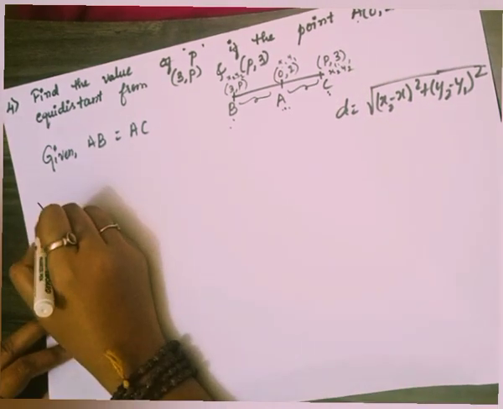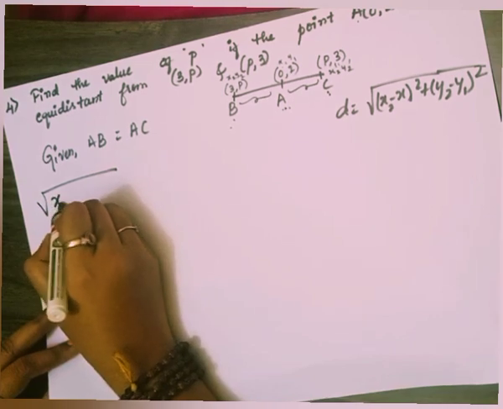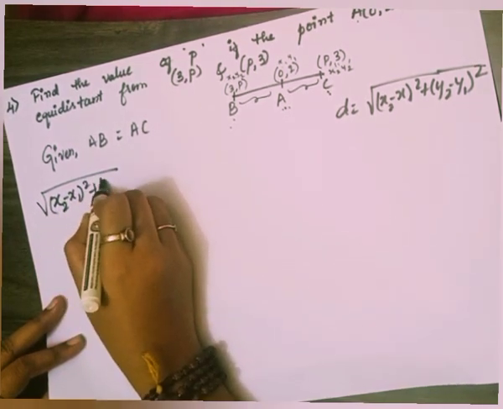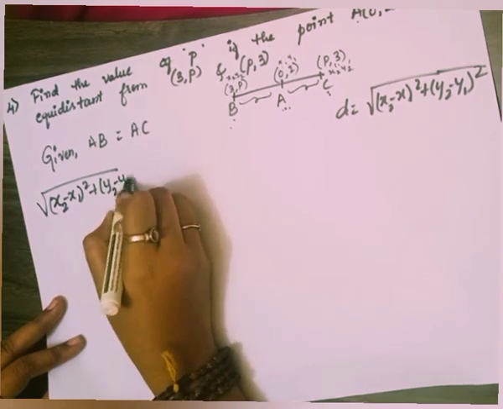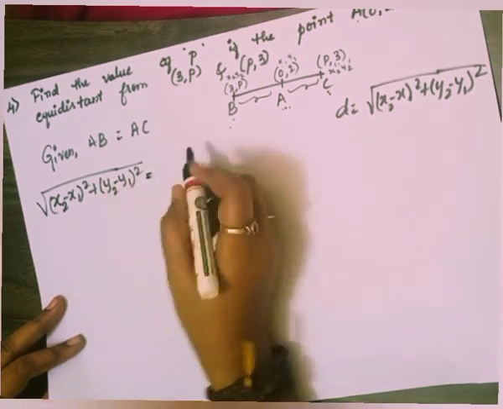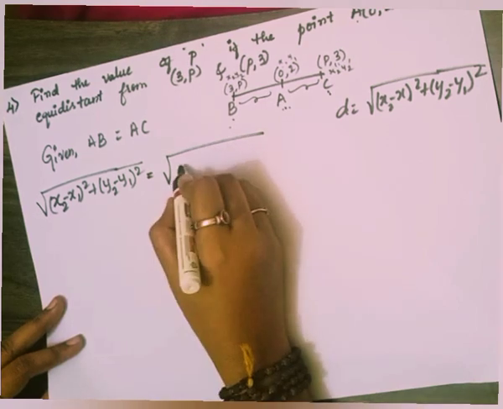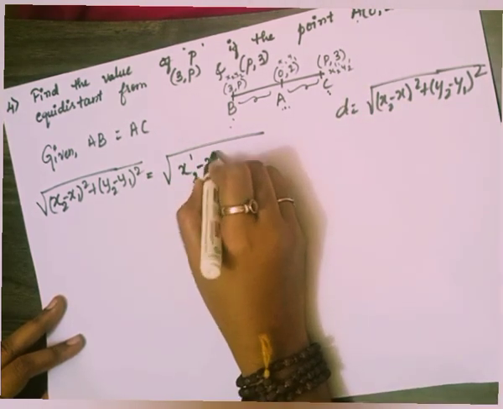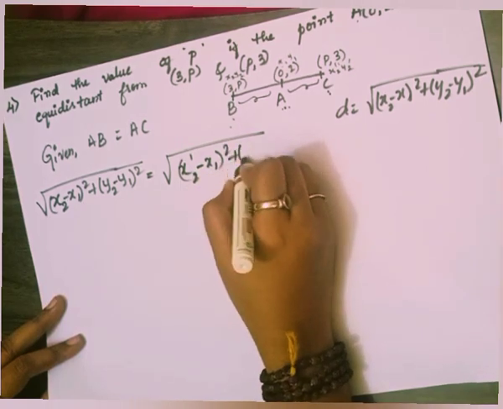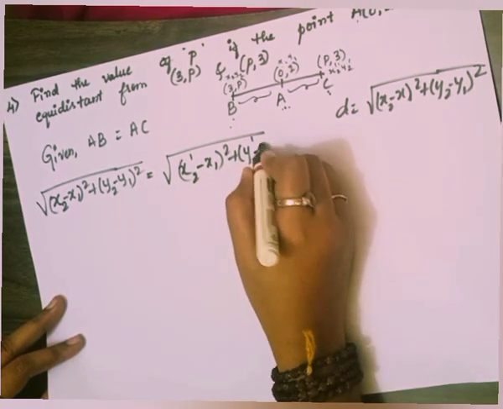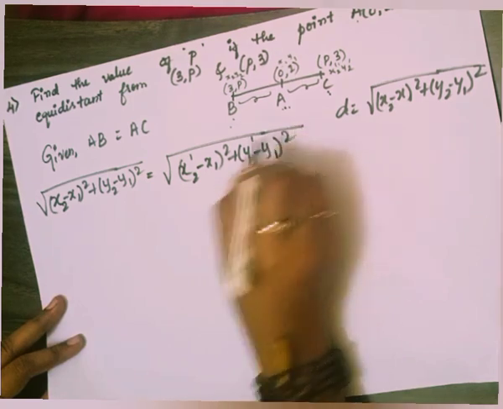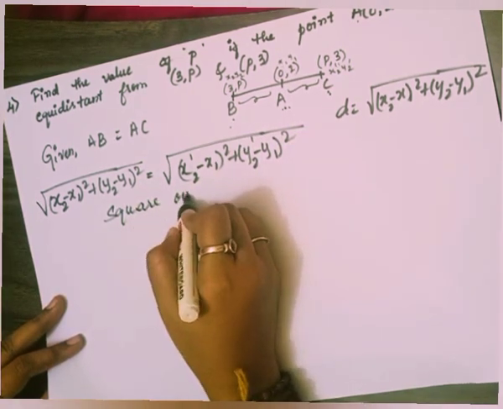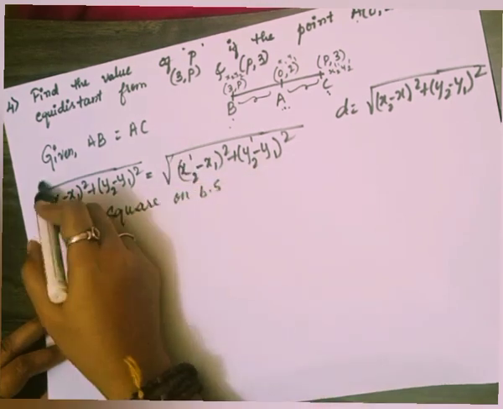Now we will go, this is square root of x2 minus x1 whole square plus y2 minus y1 whole square, that is equals to square root of x2 dash minus x1 whole square plus y2 dash minus y1 whole square. Now I'll do square on both the sides because square root we need to cancel. Square on both the sides, this square will be cancelled.